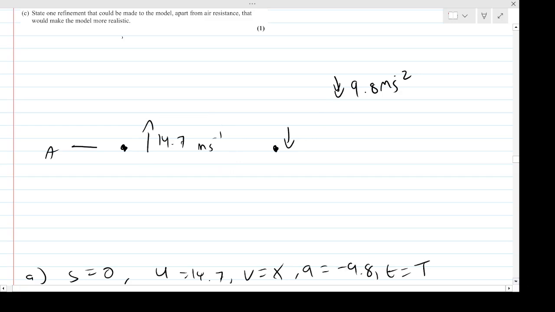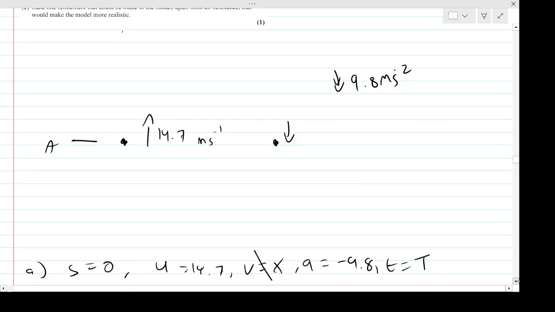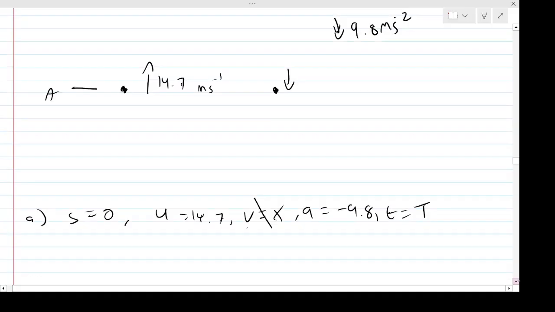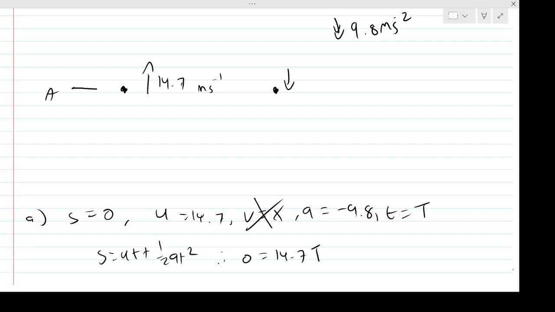So I need the formula that excludes v, and that's going to be s equals ut plus a half at squared. If I sub these in, 0 is going to be 14.7T plus a half of minus 9.8 T squared.